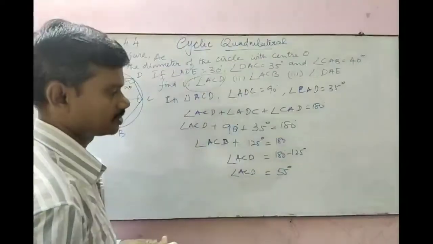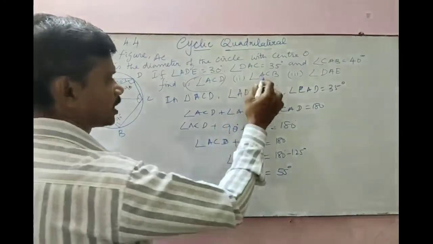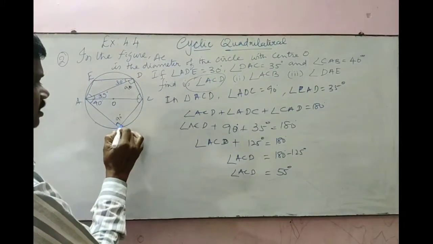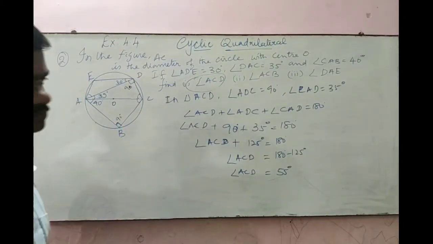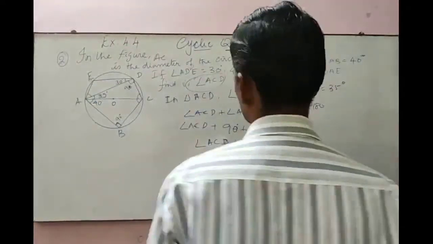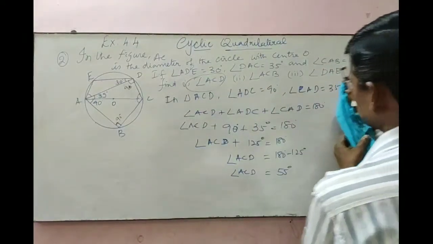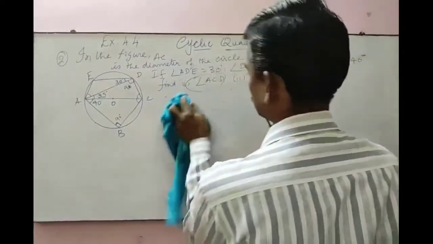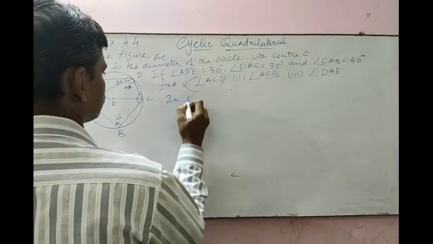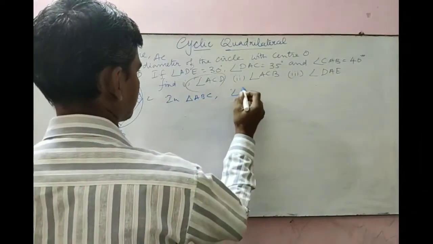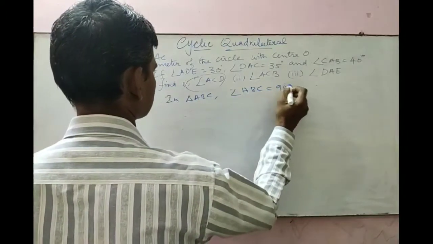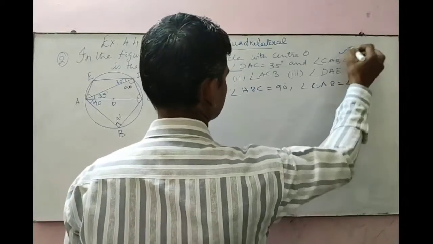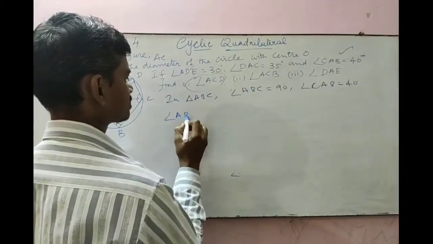This is ACD. Then next one, I am going to use the same thing for ACB. In this triangle ABC, this angle ABC is 90 degrees. So I am going to use the same concept again. In triangle ABC, angle ABC equal to 90, angle CAB equal to 40, which is given here. Then I am going to use the angle sum property.